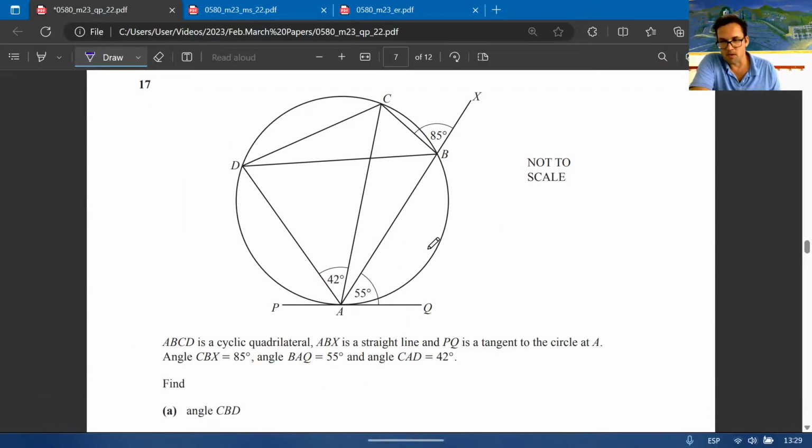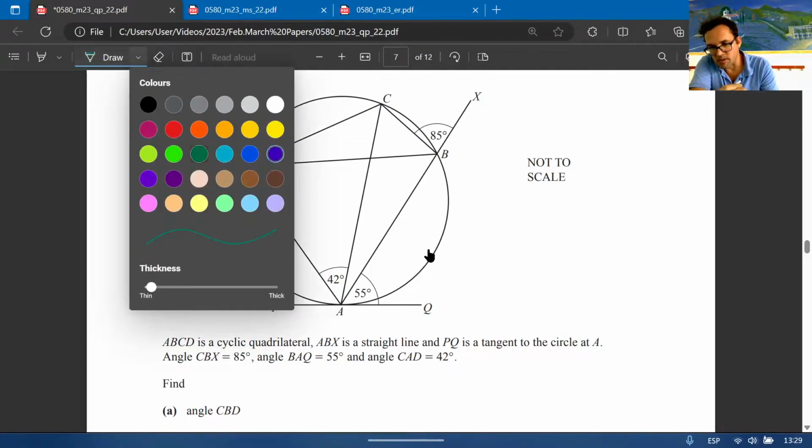Going back here, we know what to look for. We know that this angle here and that angle there, that will add up to 180. If we get it, and this angle here and this whole angle here, the 42 and that will add up to 180. Okay, so keep our eyes open for that when we need it. Second piece of information, ABX is a straight line. Immediately we know that, let's just get some green in here.